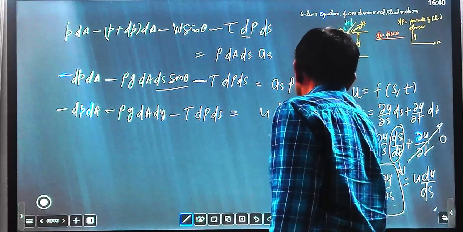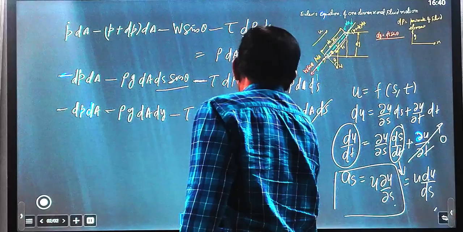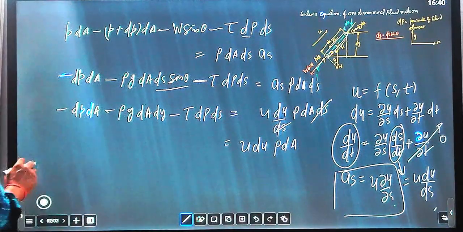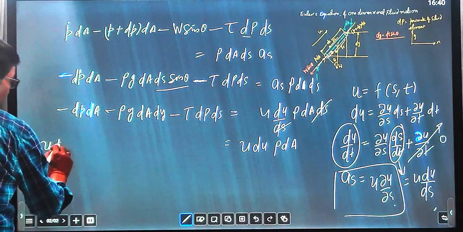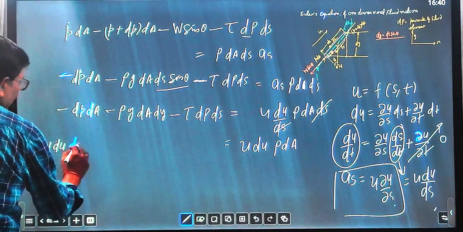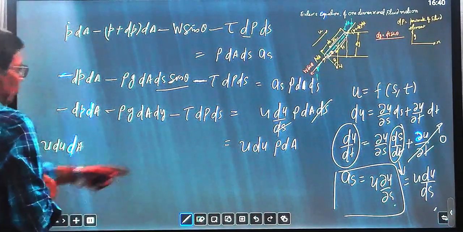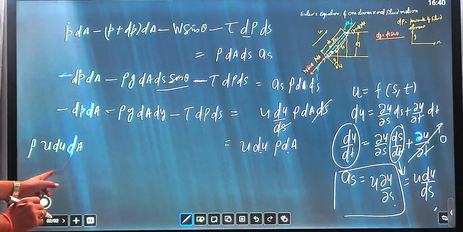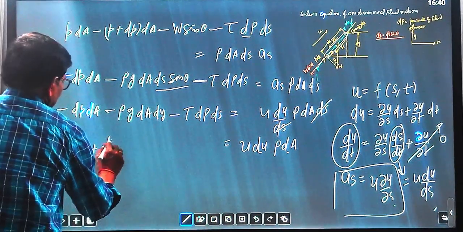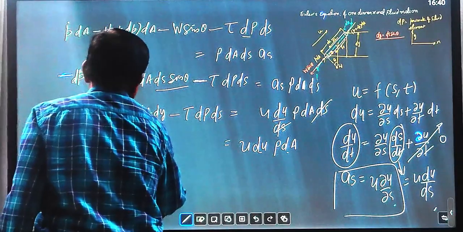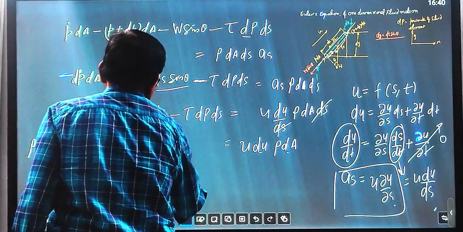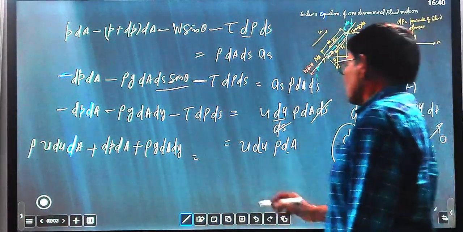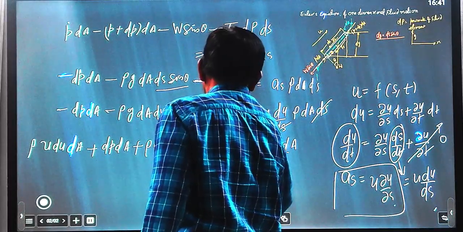The ds will be replaced, and the equation reduces to rho u du dA. So writing this equation: rho u du dA plus dP dA plus rho g dA dy equals, changing sides, tau dP ds.